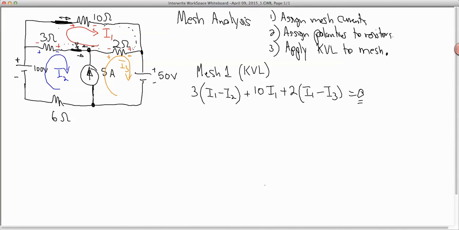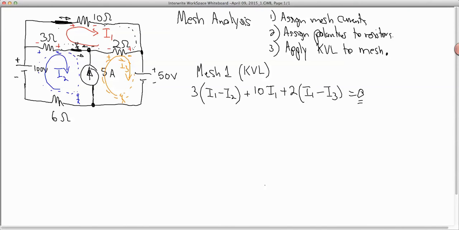Now, there is going to be a problem with mesh 2 and mesh 3. Why? Because if you start walking all the elements, and the same is going to happen with the other one, at some point you're going to reach this 5 ampere current source.